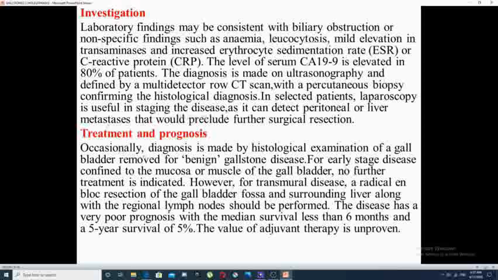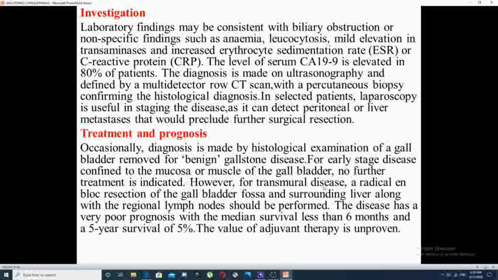Treatment: occasionally, diagnosis is made by histological examination of a gallbladder removed for benign gallstone disease. In early stage disease confined to the mucosa or muscle of the gallbladder, cholecystectomy is enough. No further treatment is indicated.